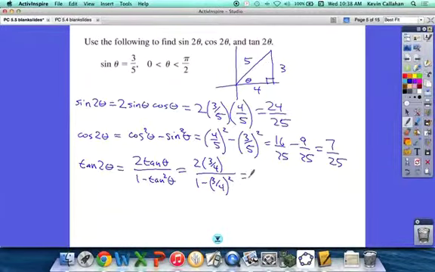So this is 6/4 divided by 1 minus 9/16, which is 16 over 16 minus 9 over 16, giving us 7/16. 6/4 over 7/16.